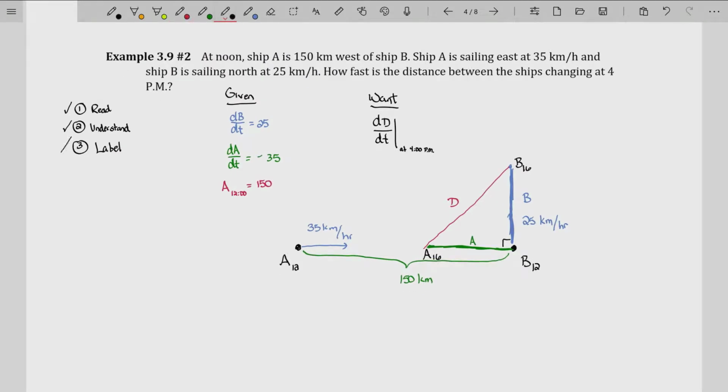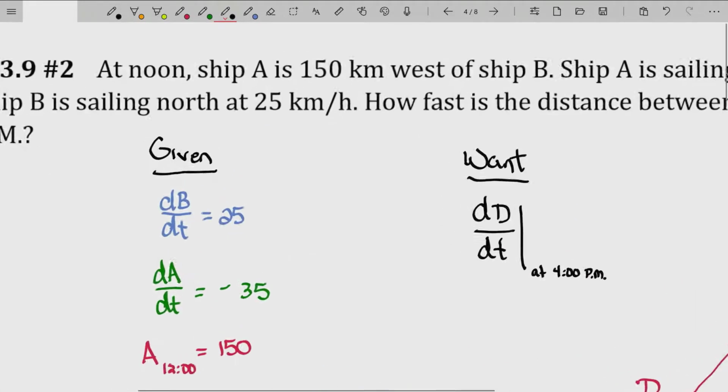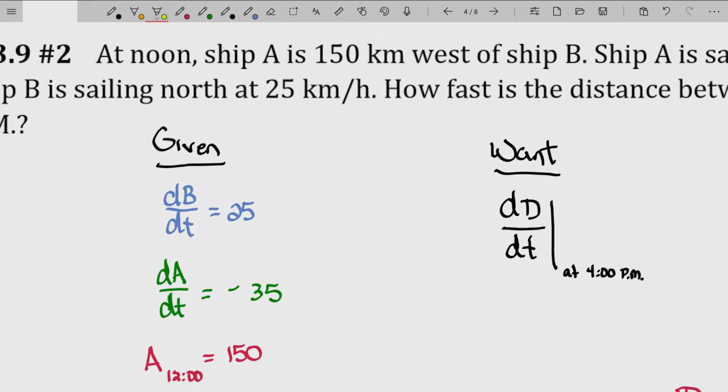So I've labeled as much as I can. And now I need to create a master equation. And the master equation has to relate, that's why it's called related rates, these variables that are in these derivatives, A, B, and D. If you take anything away from this lecture, it's that.